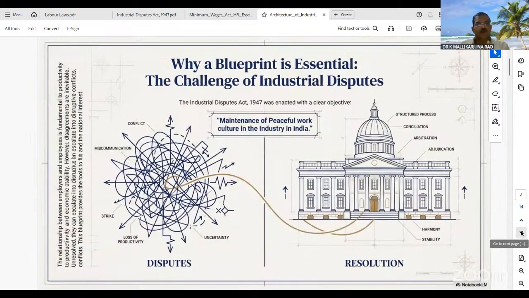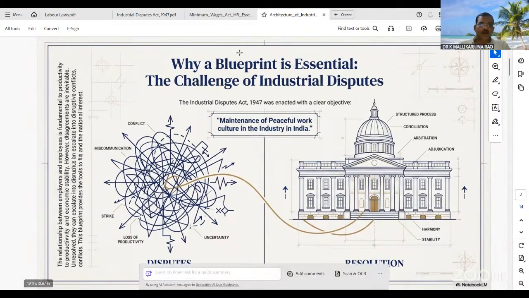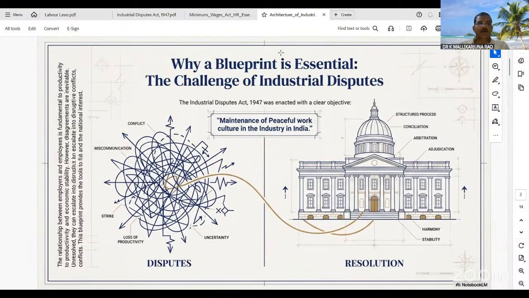the various issues, the causes of conflict between employer and employee. What are the consequences, and what are the causes of disputes related to wages, timings, working hours, and promotions? There are various reasons for conflict.